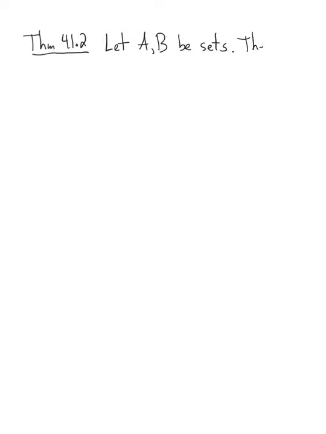Then, well, the size of the union is the same thing as the size of A minus B plus the size of B minus A plus the size of the intersection, A intersect B.